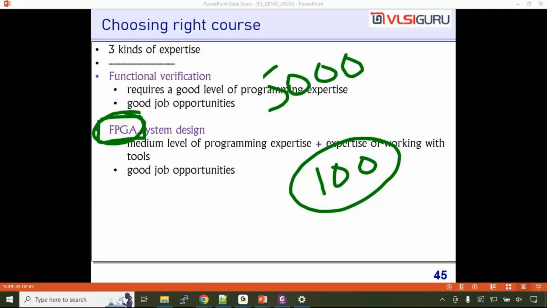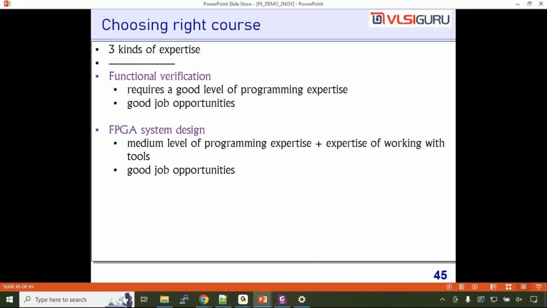There's no problem. My work is functional verification. Okay, don't think I have any reason to motivate you for FPGA. I'm just telling you to choose the decision accordingly. Because if everyone takes functional verification, what happens? Will everyone get jobs? No, right? So you have to choose after looking through all these things.